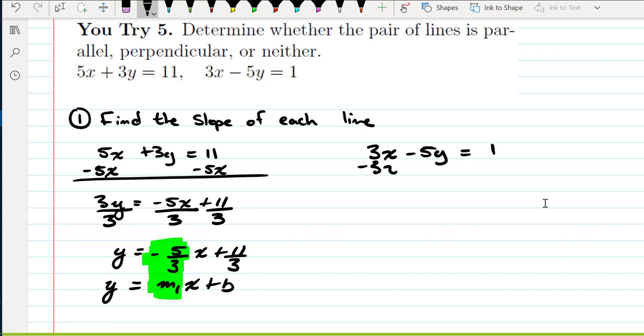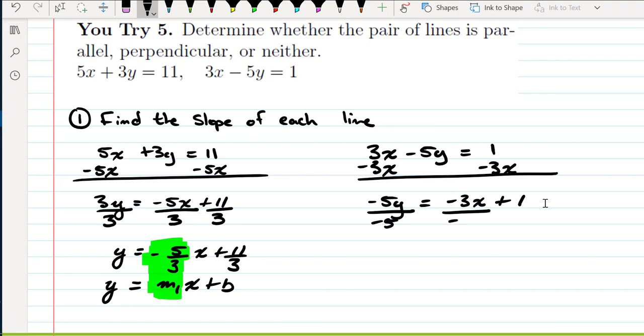We minus 3x, we minus 3x, and we get negative 5y equals negative 3x plus 1. Divide by negative 5, divide by negative 5, and divide by negative 5. Y equals 3 over 5x minus 1/5.